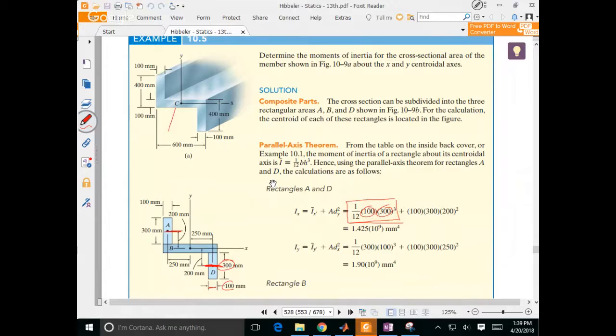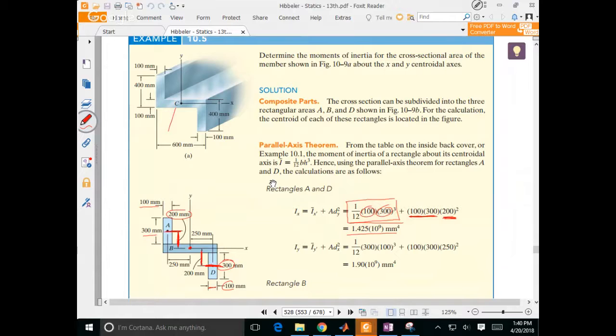I take the area, 100 by 300, 100 by 300, that's the area. And this is the distance you're moving it, the 200 that you're moving it here. Same thing here, you're moving it 200 back to the origin. And then he gets that value.